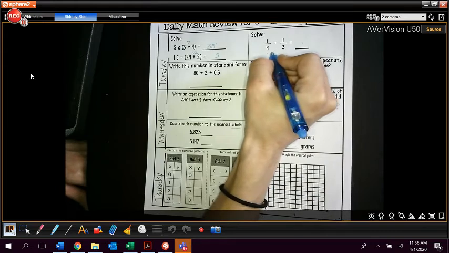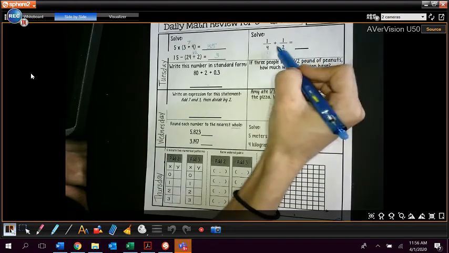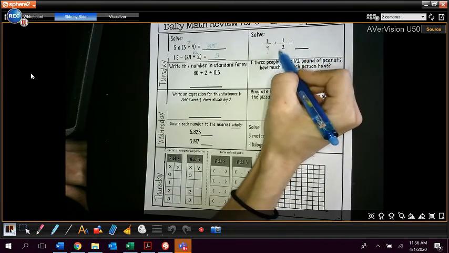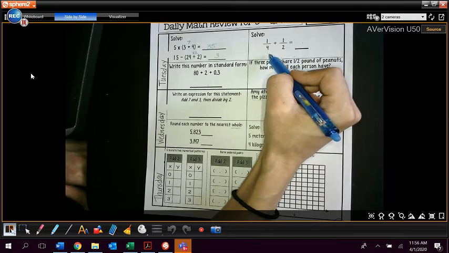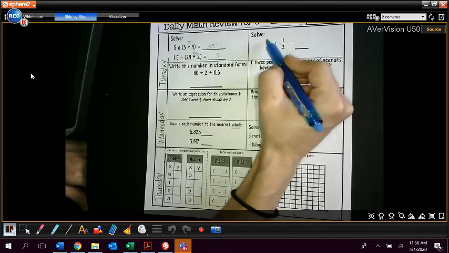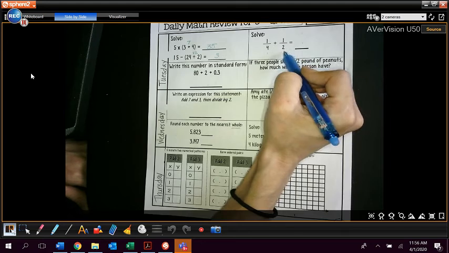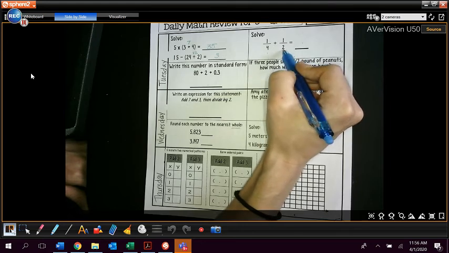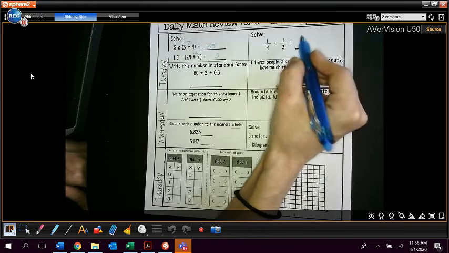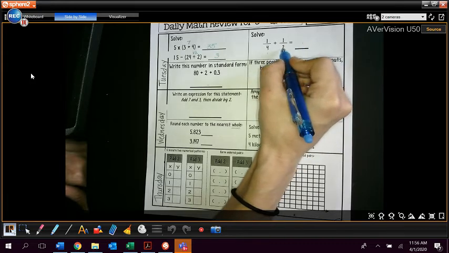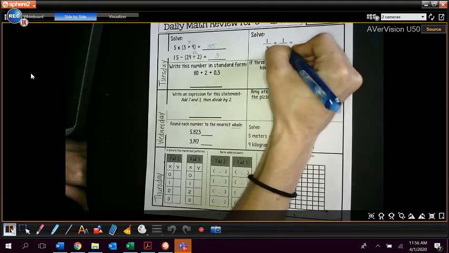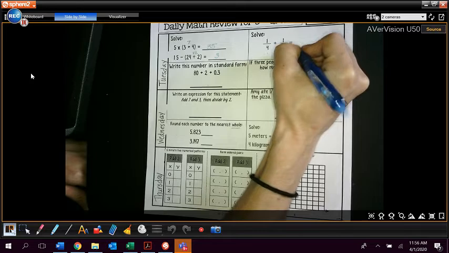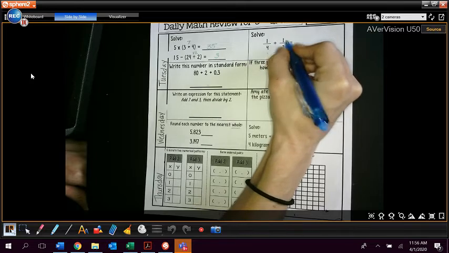Here, first and foremost, we have to simplify and make the denominators the same. Right now we have 1/4 plus 1/2. This would be a lot easier if both denominators were the same, so we can look for a common factor. 2 times 2 gives us 4, and what you do to the bottom, you need to do to the top.